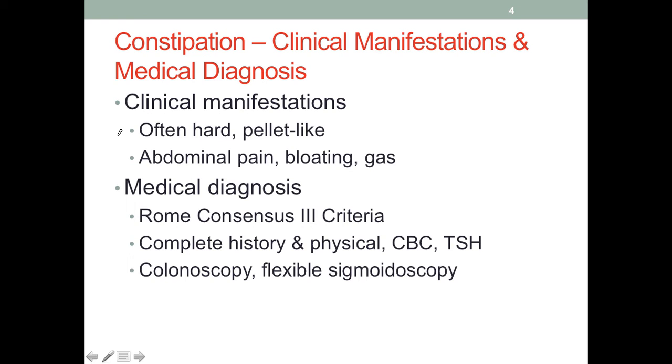We mentioned that to reach the medical diagnosis, in addition to the patient's chief complaint, we need to follow this Rome 3 consensus criteria. We also need to do a complete history and physical exam, including lab work that has a complete blood cell count and hormone levels, along with other labs.